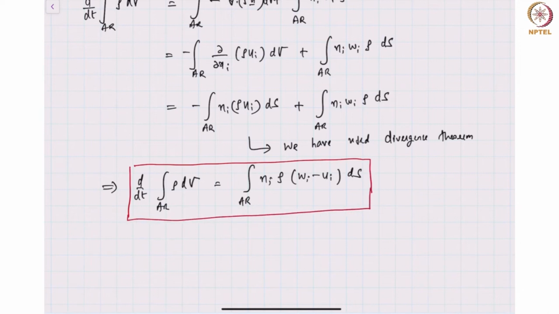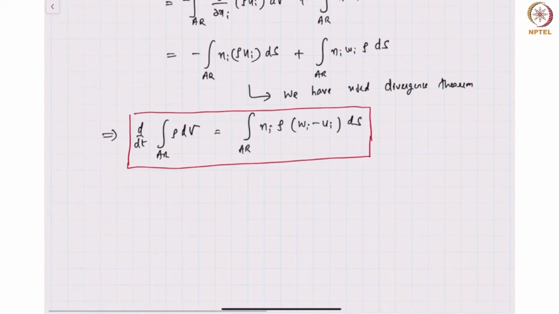a relationship between the total derivative of quantity on the left hand side, which is equal to what's happening at the boundaries. So we can physically interpret this as follows.